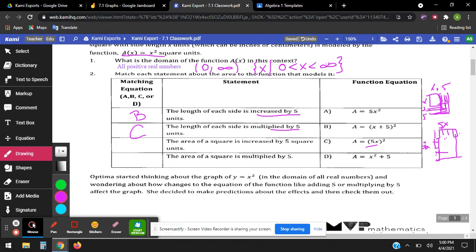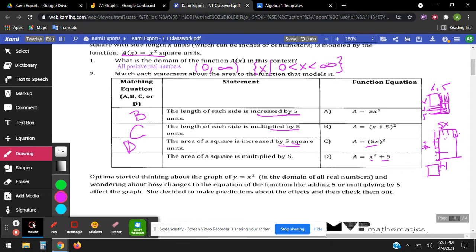The area of the square is increased by 5 square units. So we've got the area of the square, and then we've got 5 units added. So that would be D, because we found the area, then we added 5.